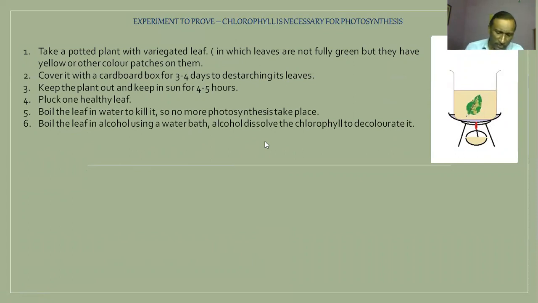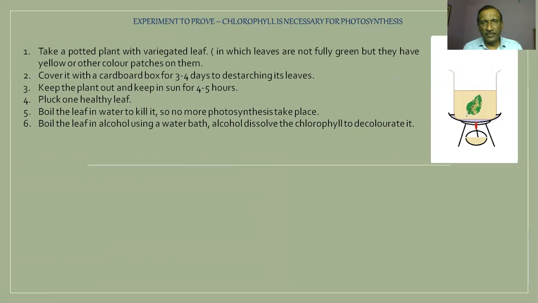Okay, one more important step which I forgot to write here is that when we pluck the leaf, if you have butter paper, just trace the areas of the leaf, which part of the leaf was green and which part was yellow.